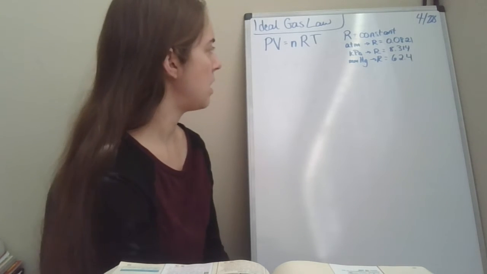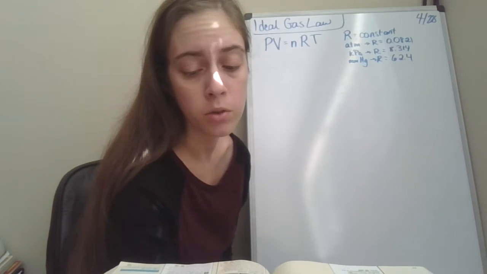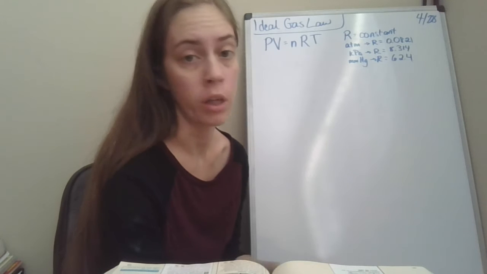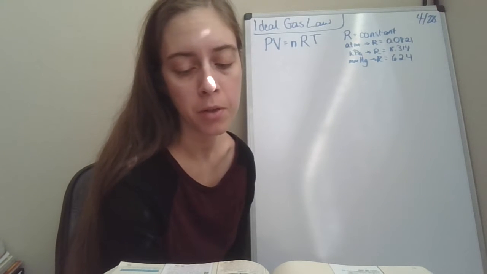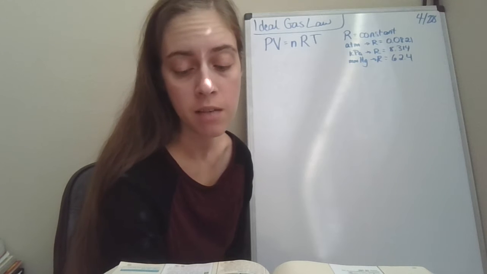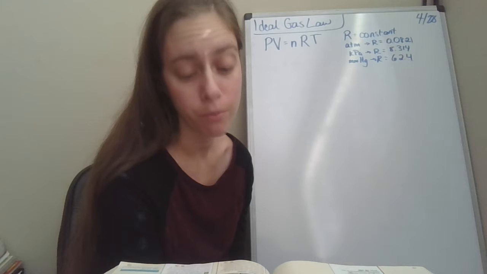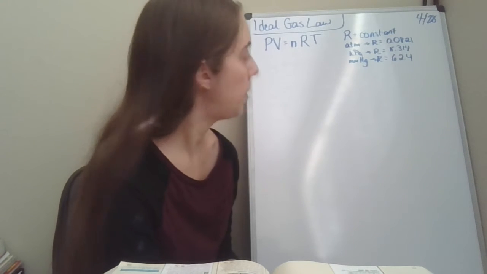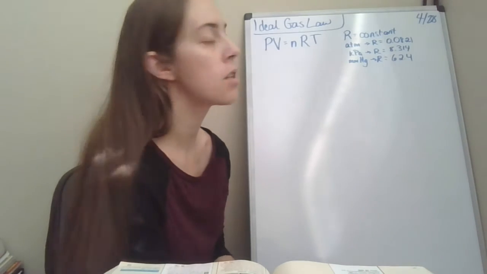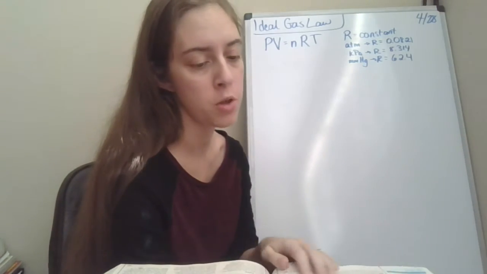So when is the ideal gas law not going to work? Real gases deviate most at extremely high pressures or extremely low temperatures. As the amount of space between particles and the speed with which they move decrease, the effects on the volume are going to be important based on the intermolecular forces. So this gas law isn't going to work for things at extremely high pressures or extremely low temperatures.